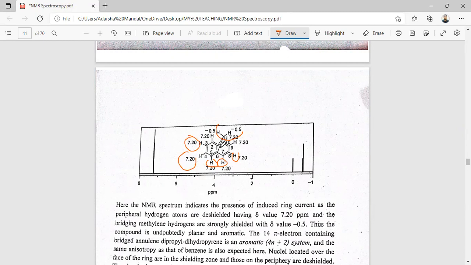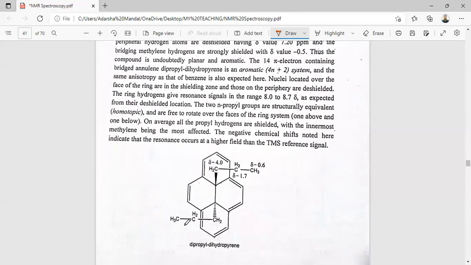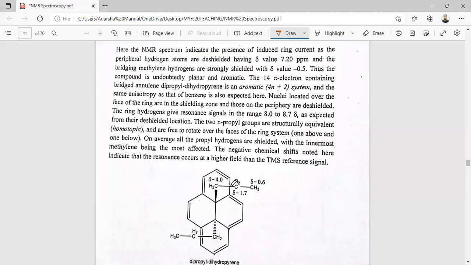So this is in the shielded zone. That's why the hydrogens have delta values of about 0.5 ppm.